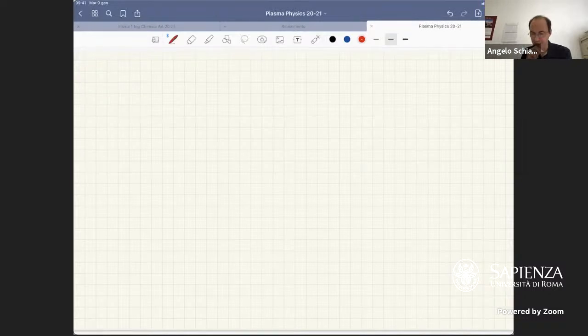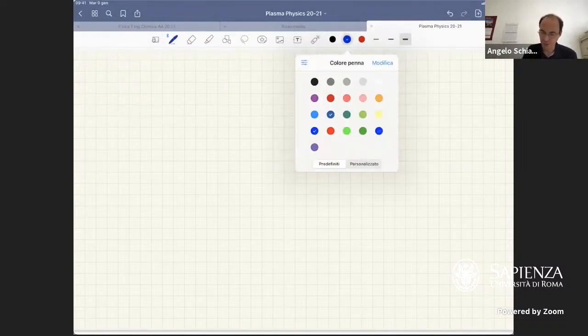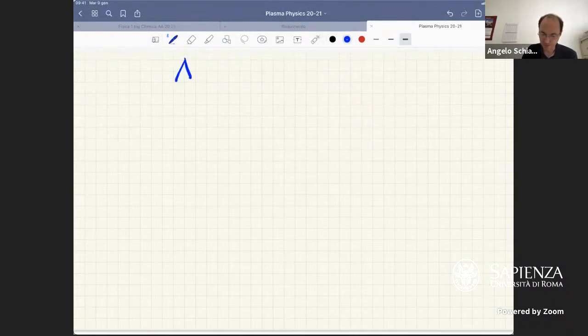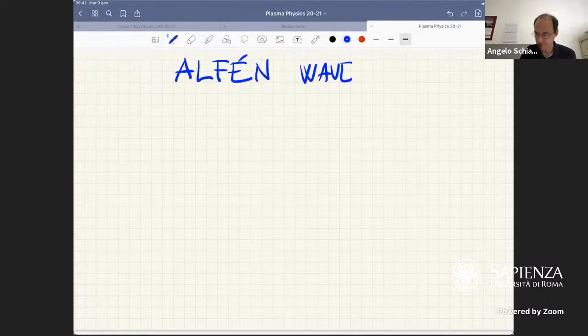And okay, let's give it a title. So this is going to be Alfvén waves. I was telling you these Alfvén waves mix the fluid velocity, where we are going to use the MHD equations, and the magnetic field only.